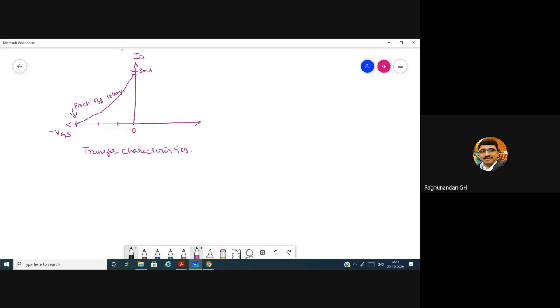Is there any chance of increasing beyond this 8 milliampere? Sir, amplifier. No amplifier. I'm just talking about normal, simple. I'll take a transistor and I'm going to increase. Sir, if we reduce the VGS, I think we can increase, sir. Reduce the VGS means to what extent?